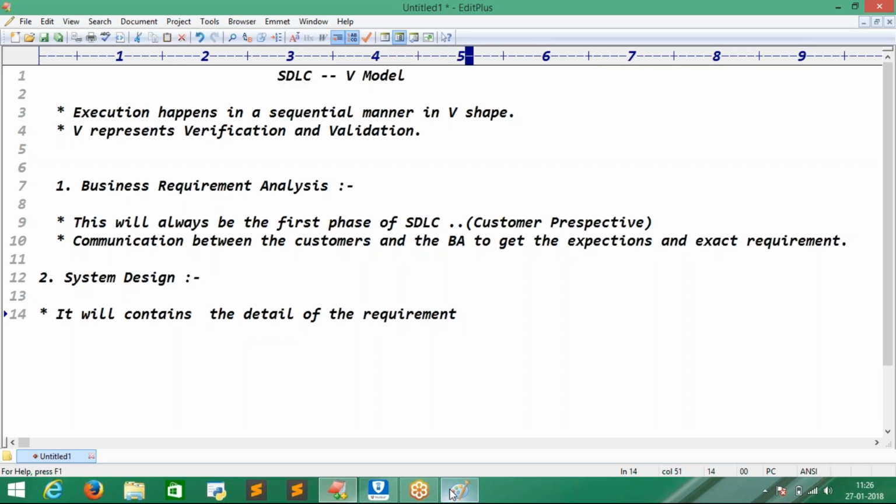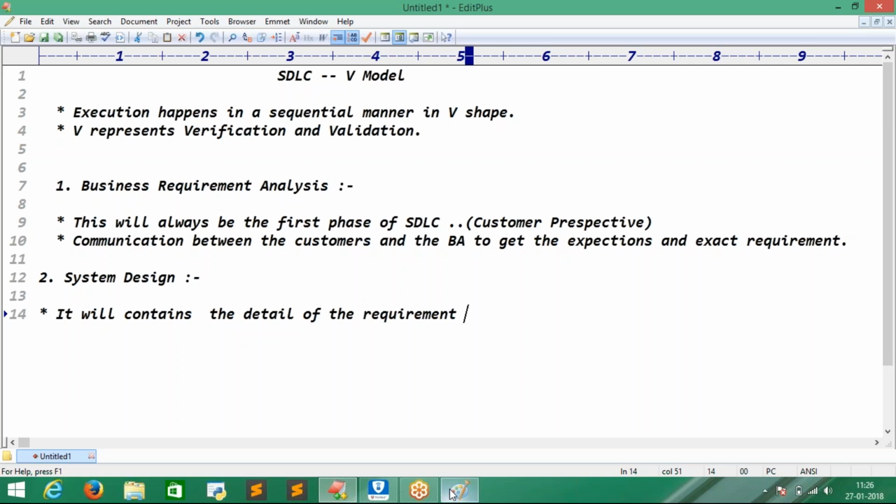It will contain the detail of the requirements. See, suppose the customer says I want a calculator application which will not only do simple calculations following the BODMAS rule, like addition, subtraction, multiplication, division, but also scientific functions: sine, cos, square root, everything will be present. So this is all about the requirement.